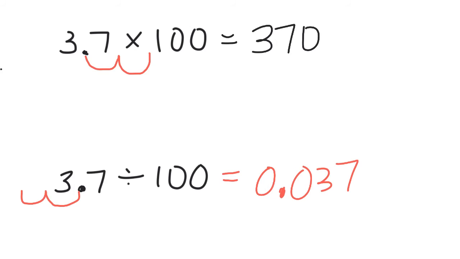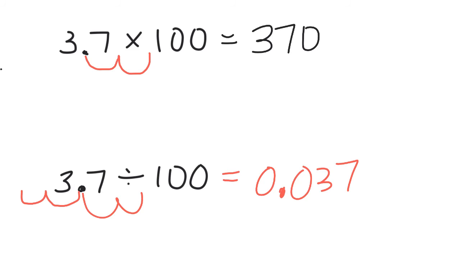So if we go to the right, then it'd be what? No, that isn't correct. Which way should we be going? Left or right? Left. Why are you going left?